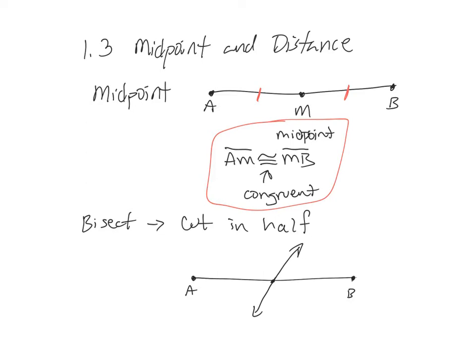And let's say that we labeled this line D. And it said that line D is a bisector.